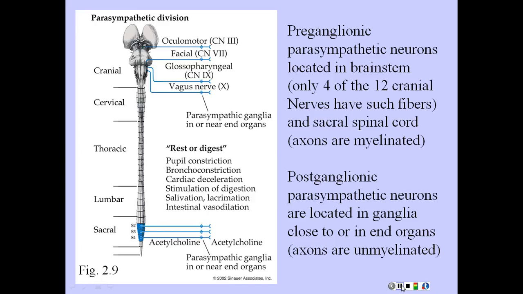So what I always do is start with the parasympathetics first because we've just done cranial nerves. And it's important to recognize that 4 of the 12 cranial nerves have a parasympathetic component. That's absolutely critical. It's also important to recognize that cranial nerves do not have any sympathetic function. It's only parasympathetic fibers that travel in 4 of the 12 cranial nerves.